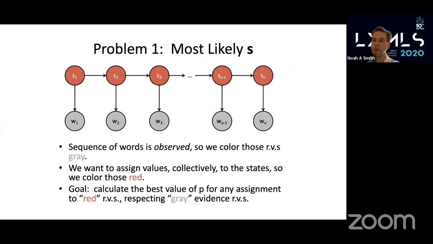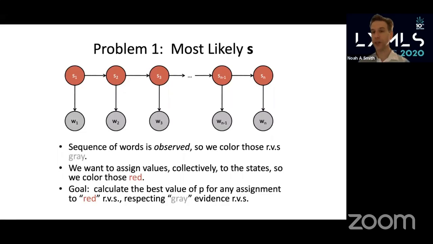Okay, so I like to augment the random variable graphical model notation with colors when I think about different kinds of questions that I might ask using the graphical model, in our case, the HMM. I'm going to use gray to denote variables that are observed, which in problem 1, finding the best path, corresponds to the observed evidence.